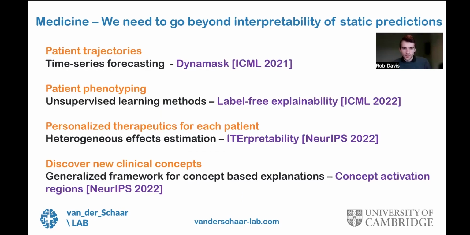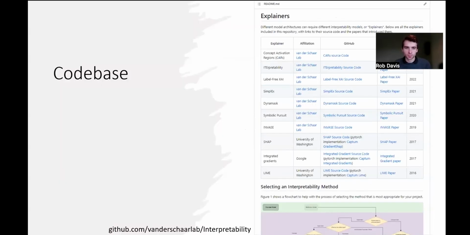So we need interpretability methods for time series, for patient trajectories. We need unsupervised learning methods for patient phenotyping. We need to interpret heterogeneous effects estimations for personalized therapeutics, and we need concept-based explainers to discover new clinical concepts.